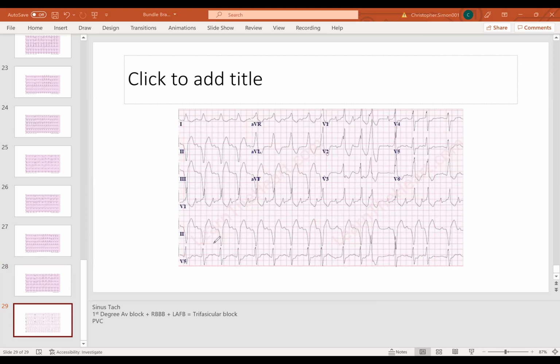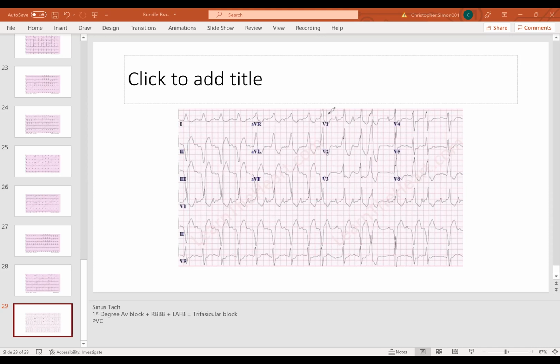So it looks like it's fast. It's over 100, so it's going to be tachy something. Got P waves. They're buried in there, but that's a P wave, P wave, P wave. The T and the P are basically touching one another because it's fast. Okay. So P waves, good, present, same morphology. PR interval, let me look.